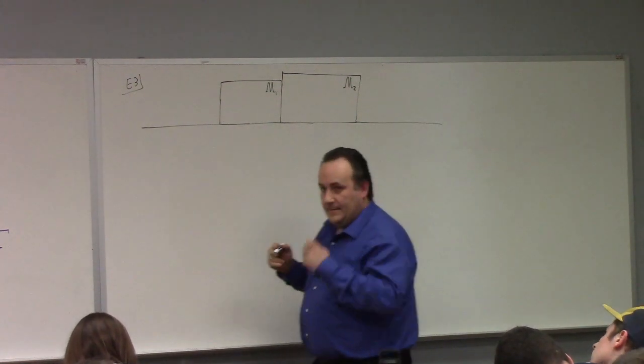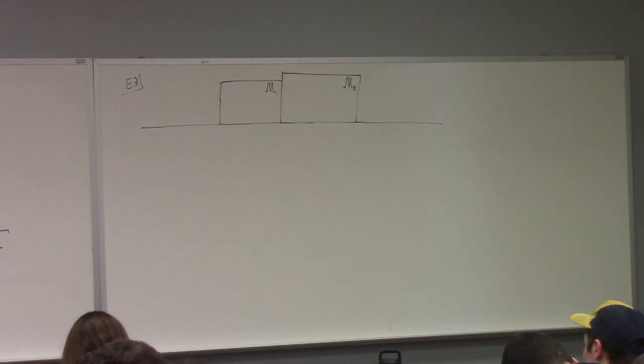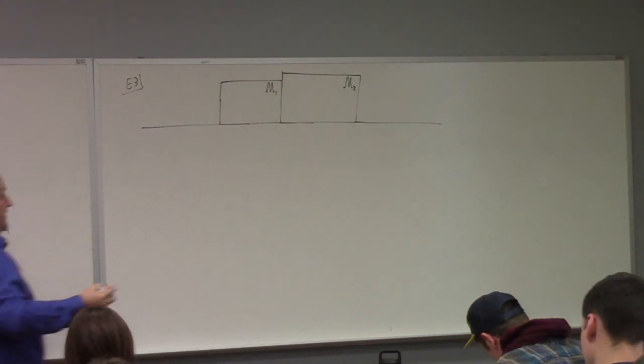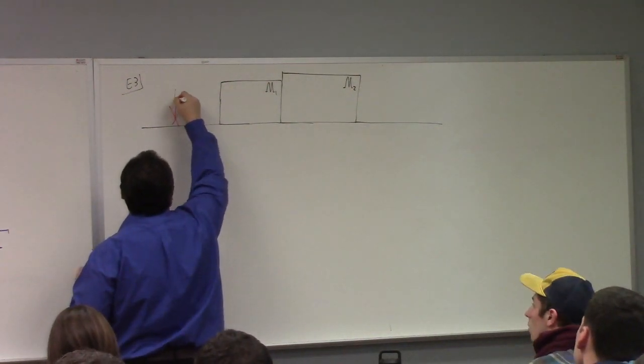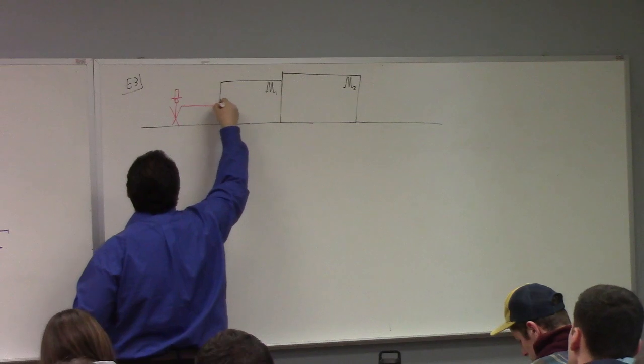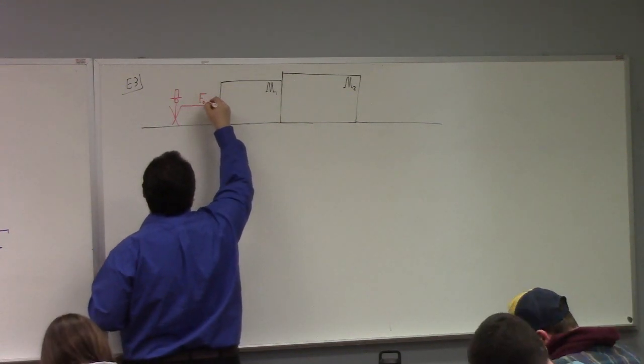And then, just to make things annoying, let's suppose that on the one side we have Mr. Top Hat pointing on it with a pointy stick horizontally with a force of F naught.